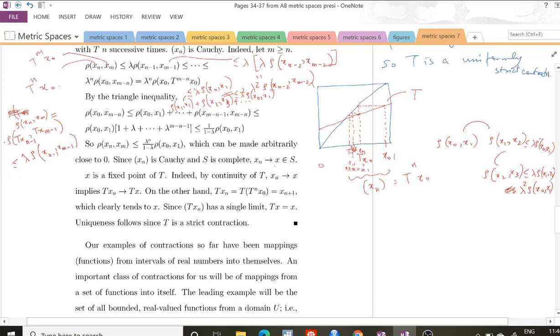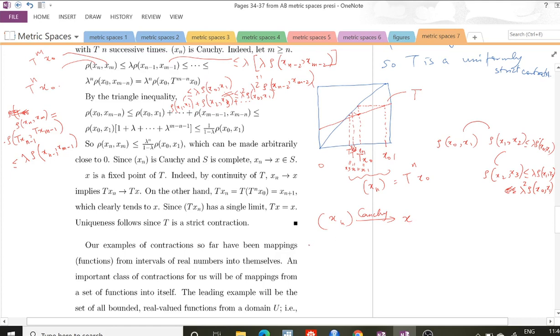So now it is claimed that this limit x is a fixed point of T. So why is that? Well, xn is Cauchy, it converges to some limit x.